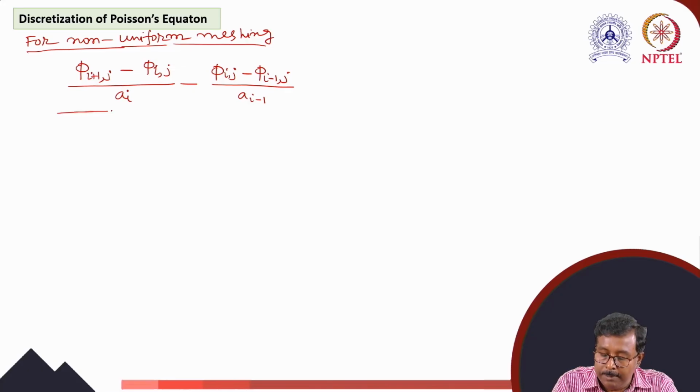This whole divided by ai plus a I minus 1 divided by 2.